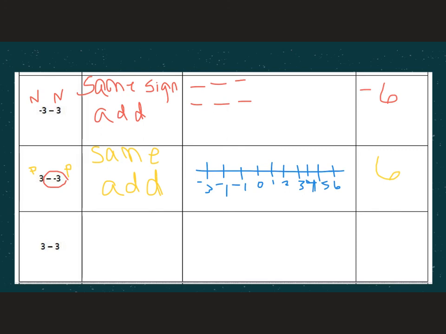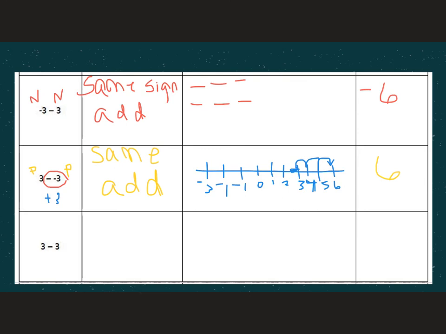So I start off with 3. And I know that this says add the opposite of a negative 3, which is really a positive 3. So I'm going to move to the right, okay? And I'm adding. Hopefully this is reviewing for you and helping you remember.